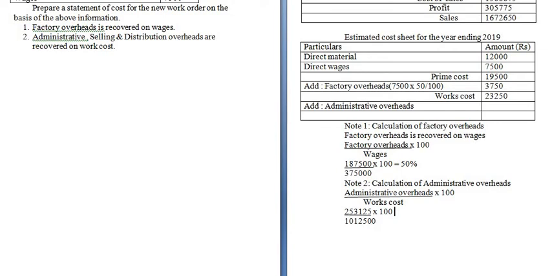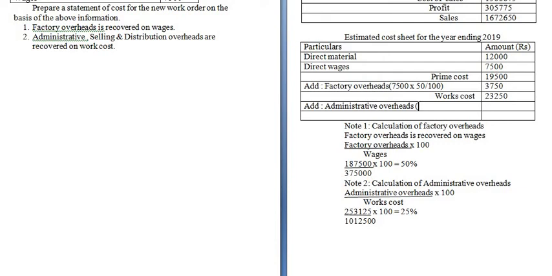Now calculate this, and the percentage is 25%. Go through the chart of 2019: administrative overheads is on work cost.